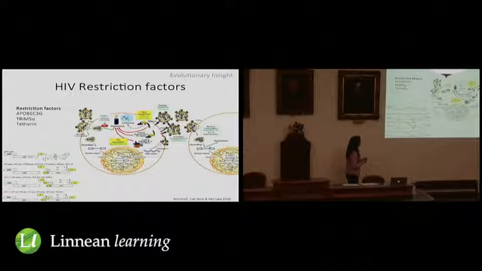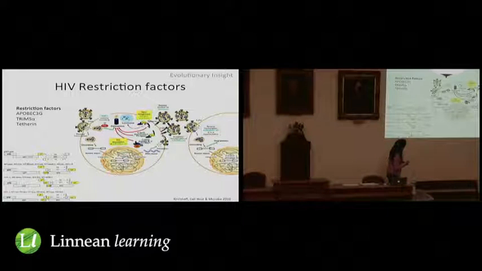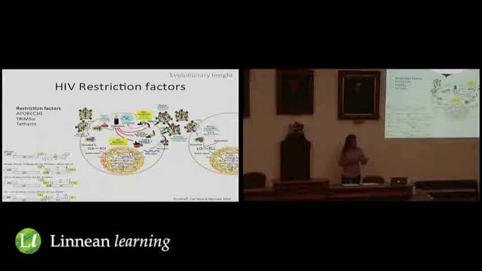And what research has found is that when the virus enters the cell, I'm sorry, this diagram has not come out as well as I'd liked. These 3 genes, TRIM5 alpha, tetherin and APOBEC, actually disrupt the viral life cycle at different stages.